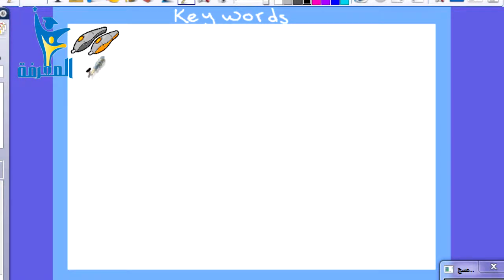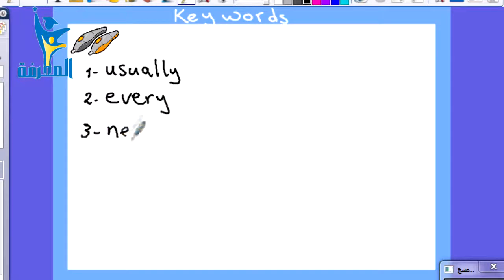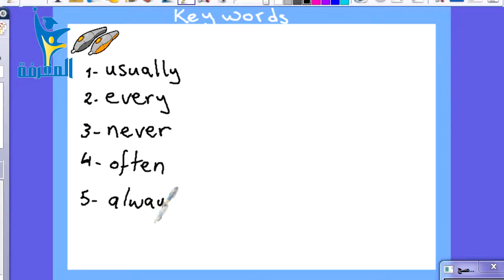Like usually, every, never, often, or sometimes. These are the main words that express the present simple tense.